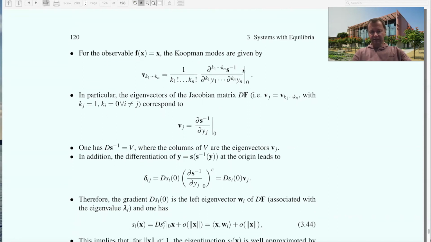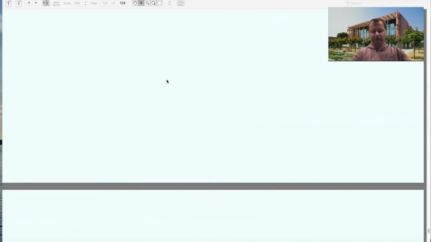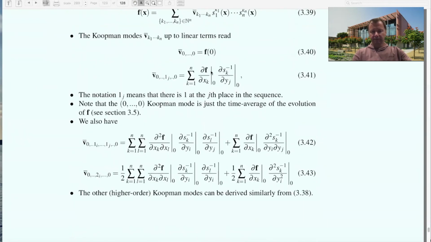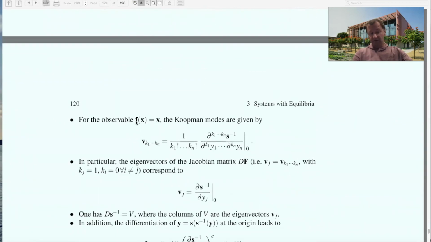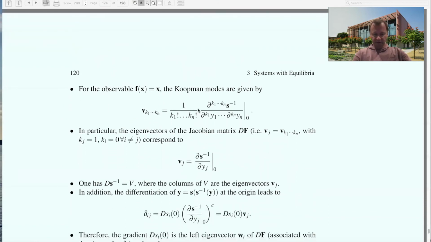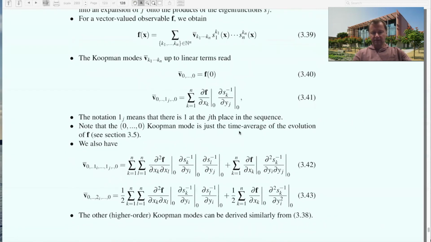And in that case, it simplifies. So these Vk1 to Kn, the Koopman modes, are obtained by this expression. We still have this S minus 1 over here, but the reason partial F with respect to X doesn't show up, it did show up here, is that it's identity, right? Because we are observing precisely X. So the derivative of F with respect to X is identity. So that one is just identity. The second part here stays.